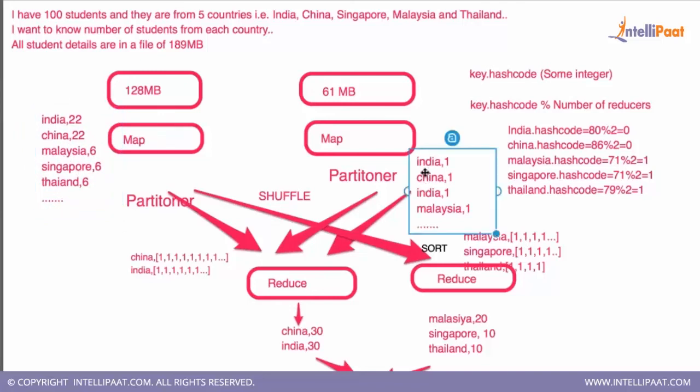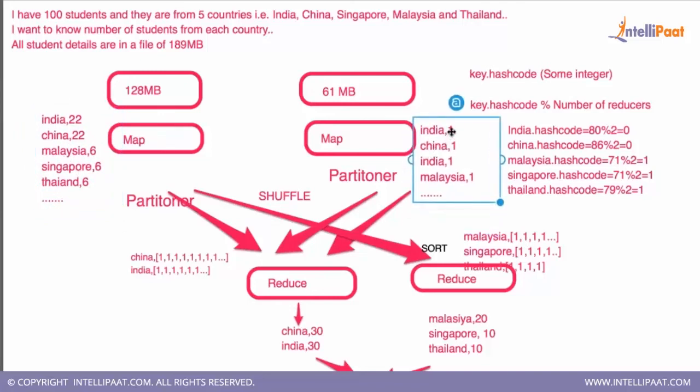And here itself we consolidate India to be 8, China 8, Malaysia 14, Singapore 6, and Thailand 4, Singapore 4.